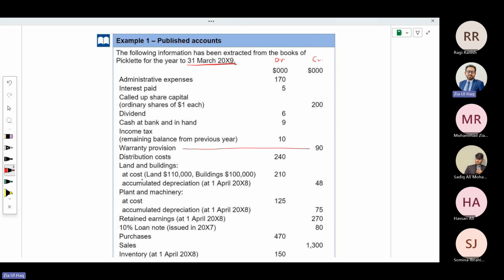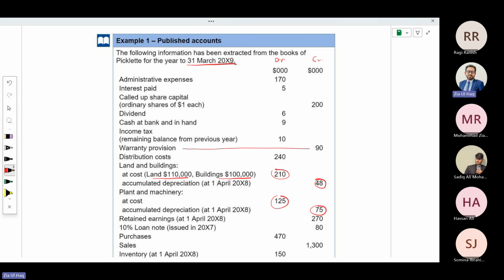Land and building at cost. Out of this 210, 110 is the amount for land and 100 is the amount for building. And their accumulated depreciation is 48. Is that relating to land or building or both? That is relating to the building part. Plant and machinery at cost 125, with accumulated depreciation.